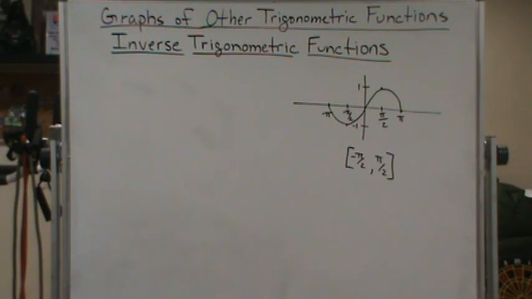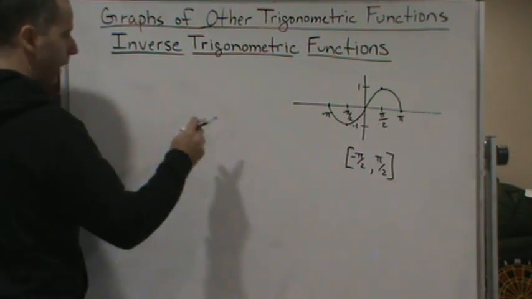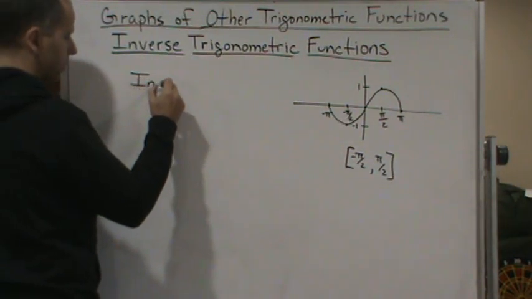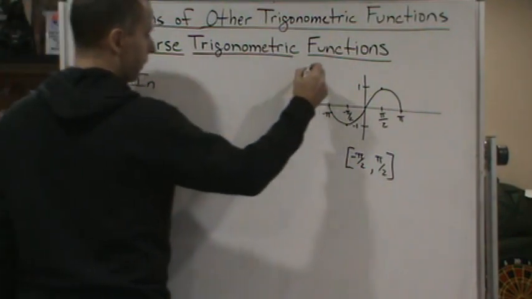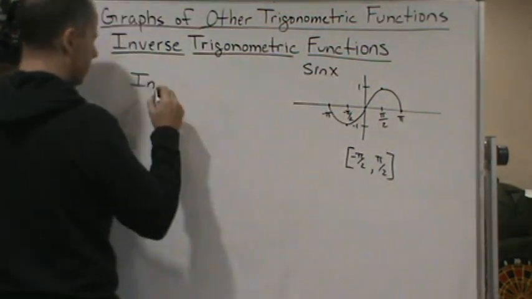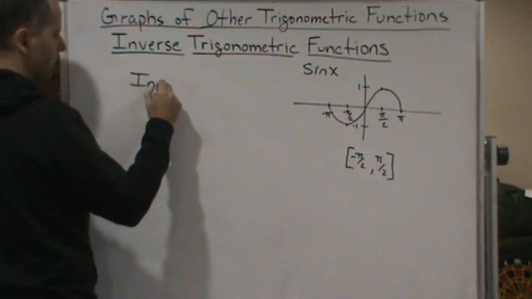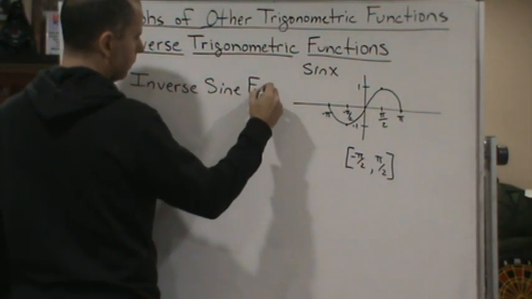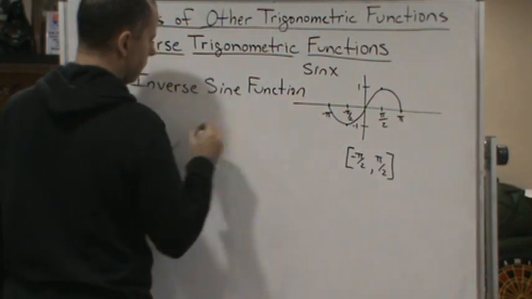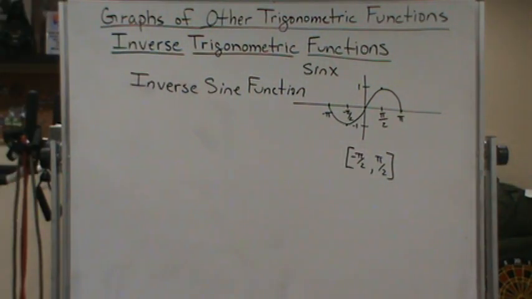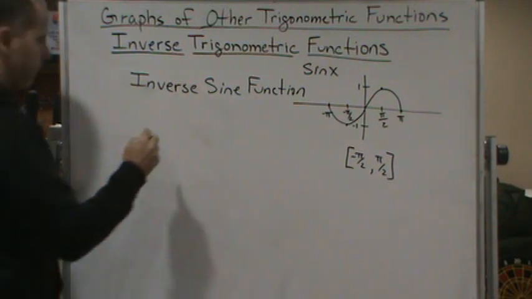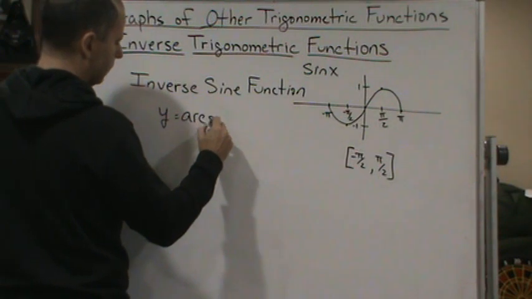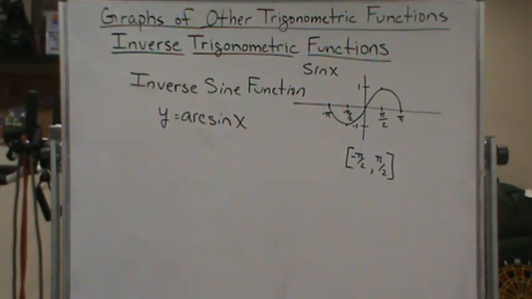An inverse will restrict. So then we'll call that, on this restricted domain, the inverse sine function, since we're dealing with sine x. Okay, and it's also denoted by arc sine. So y equals arc sine of x.